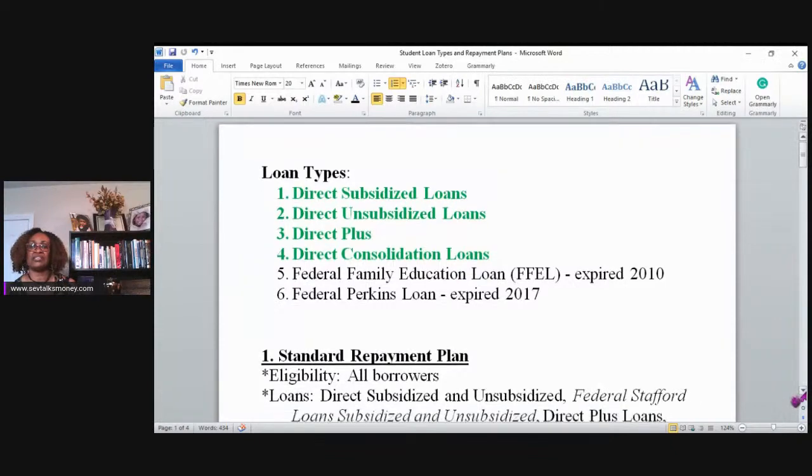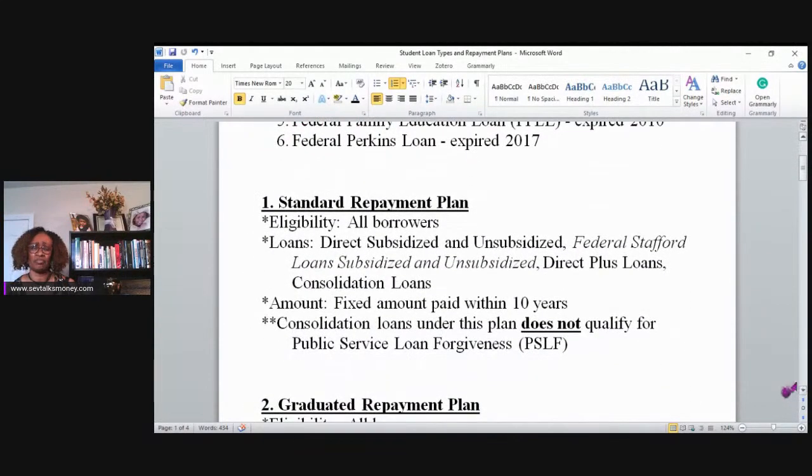The first one is the standard payment plan. All borrowers are eligible for this plan, whether you are parent, student, grad, undergrad, all borrowers qualify. The loans that qualify are direct subsidized and unsubsidized.